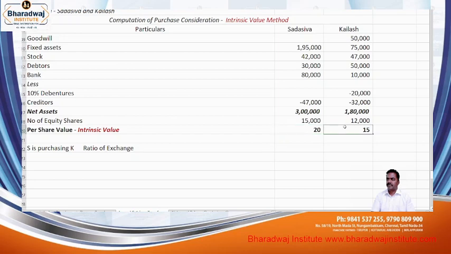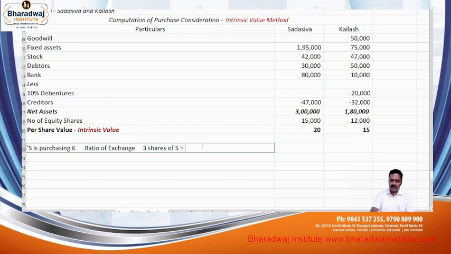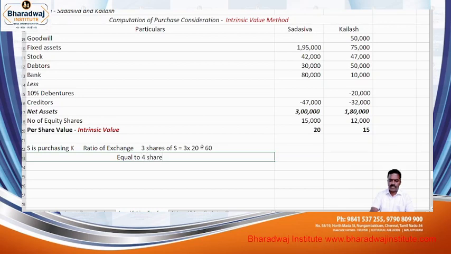So 3 shares of Sadasiva will be like 3 into 20, 60. It is equal to 4 shares of K, that is 4 into 15, 60. Can you agree with this?